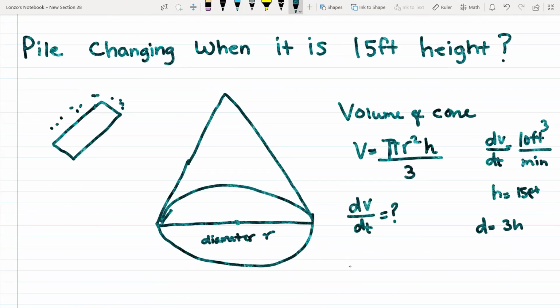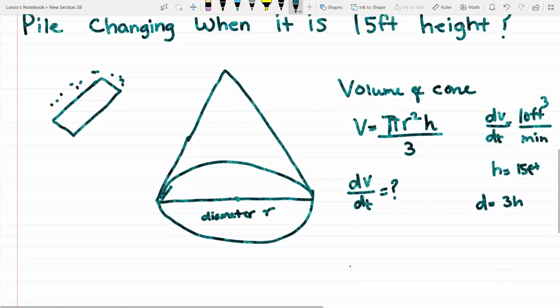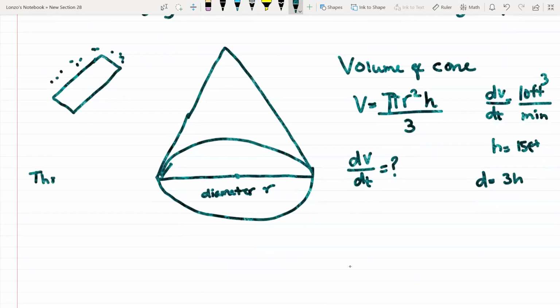What else do we know? If you look at our volume of a cone, we have 3 variables: V is a variable, r is a variable, h is a variable. But we only have one rate.